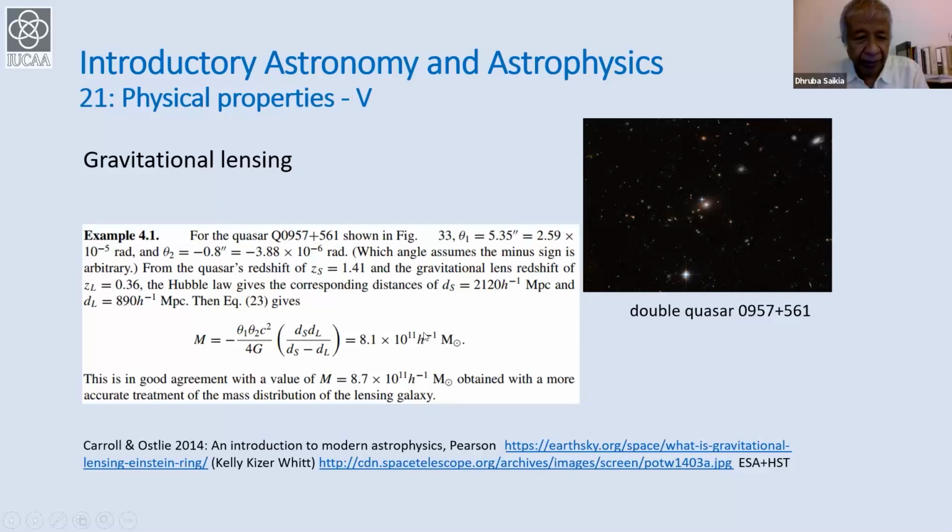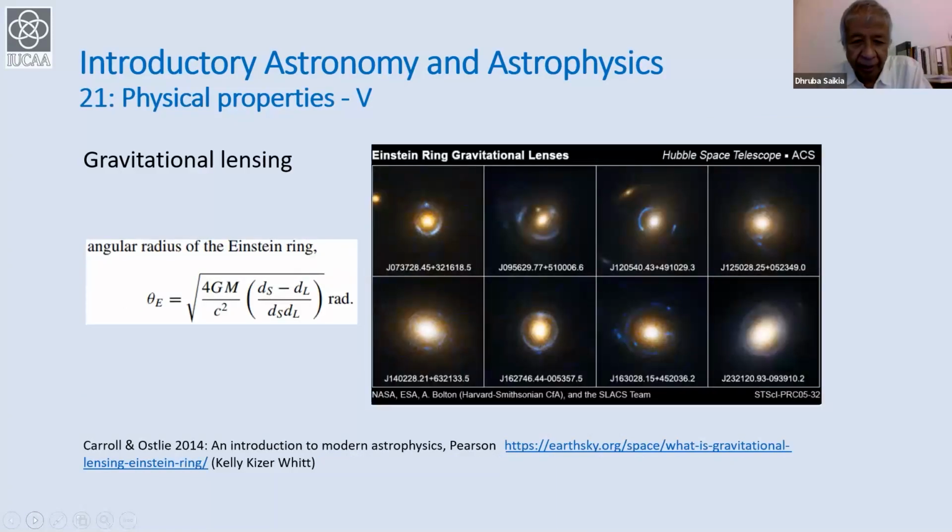This is just some scaling factor with the Hubble constant, which is related to the distances over here. And this is a good agreement. This is just a very rough estimate, with more modern values coming from more detailed modeling of the system. So you can see gravitational lensing provides another important way of trying to determine masses.